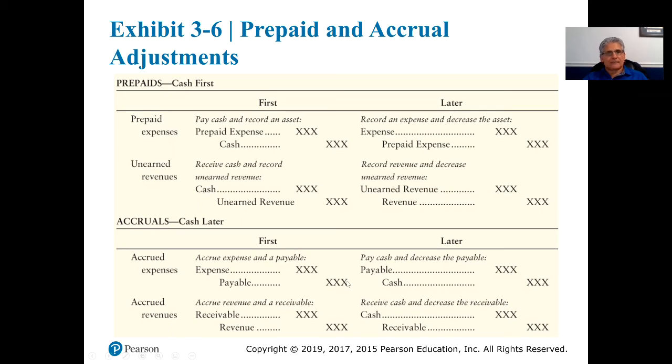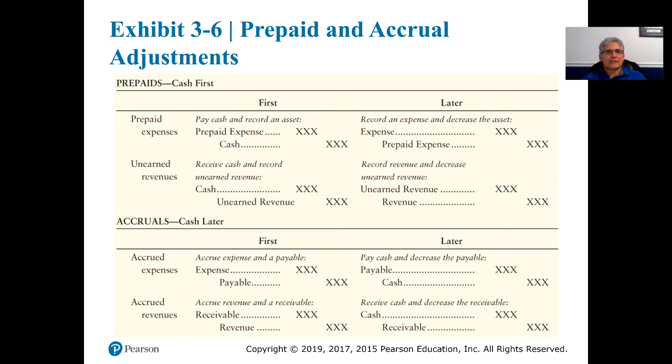So in the end, if you really pay attention, cash is going to be credited. This is a temporary holding place, prepaid, then it's reduced, and ultimately it will become an expense. But the timing is everything. A prepaid expense means that we've paid some of these expenses in advance, and we recognize the expense when they've been incurred.